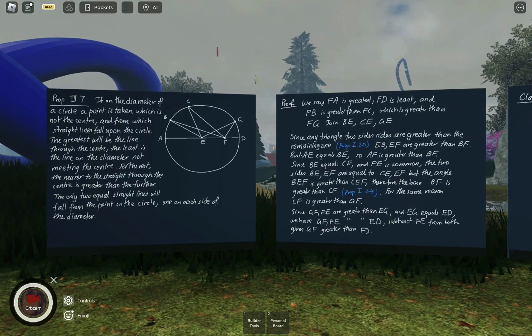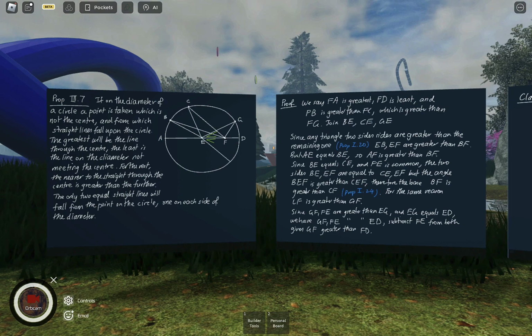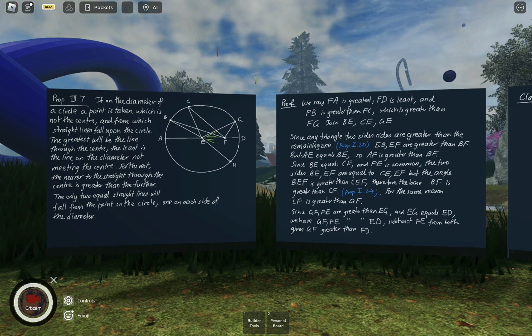We take GEF and we construct that angle again over here. So we construct that angle and then we extend the line until it meets the circle. We call that H. And then we join F to H.